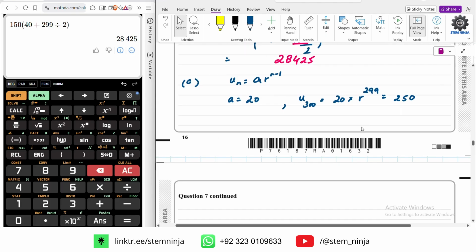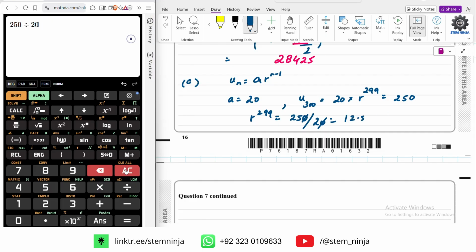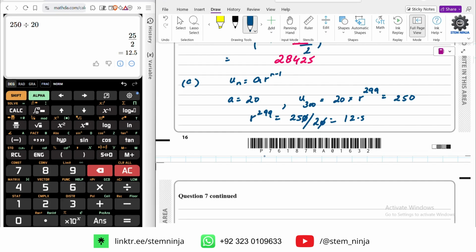Okay. Now we need to calculate what that means. So R to the 299 equals 250 divided by 20. So this is 25 divided by 2, which is 12.5. Right, okay. And now we can do log over here also.